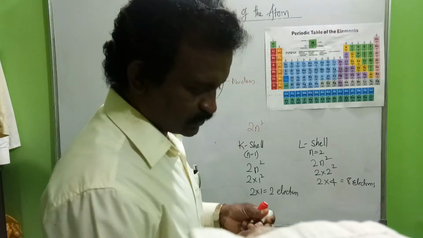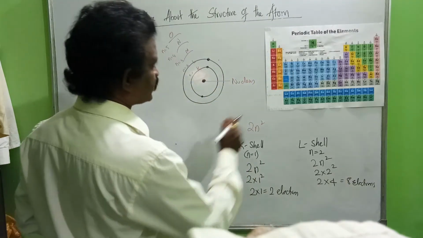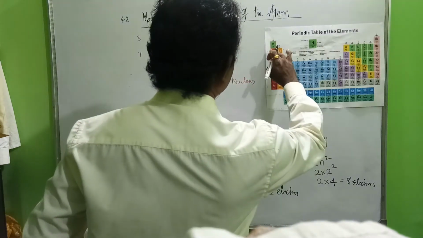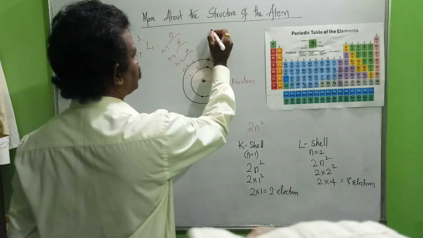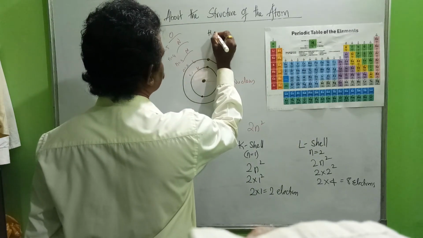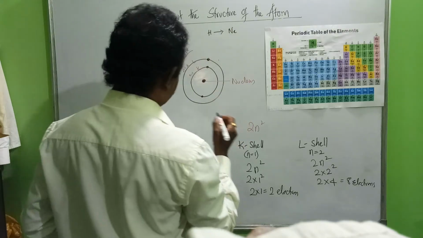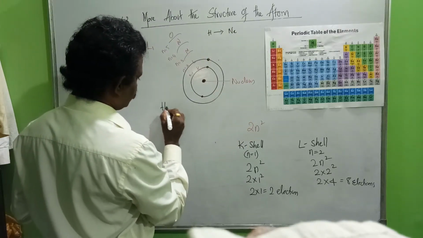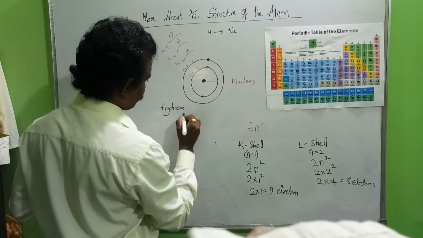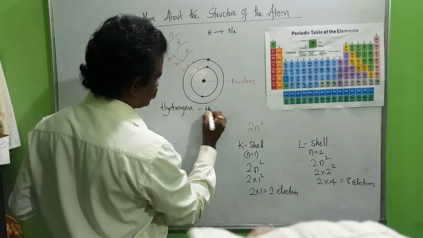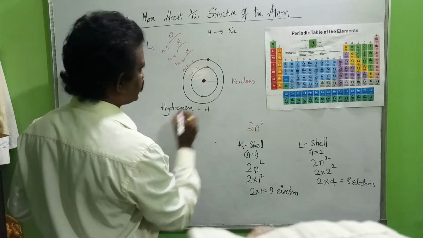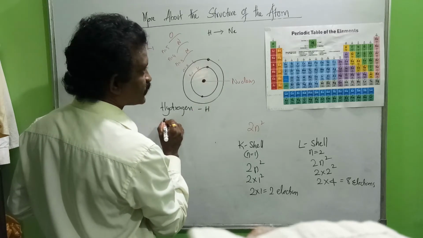In your book it is showing that you should write from hydrogen till neon. That means if you want me to write, first one is hydrogen. I will write hydrogen now. What is the symbol for hydrogen? H. Next, second one is helium.